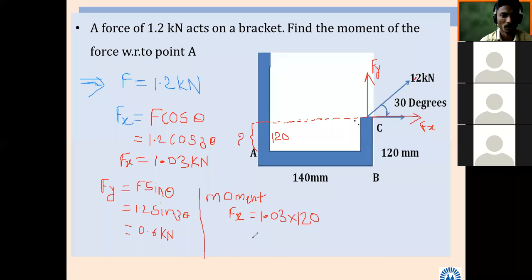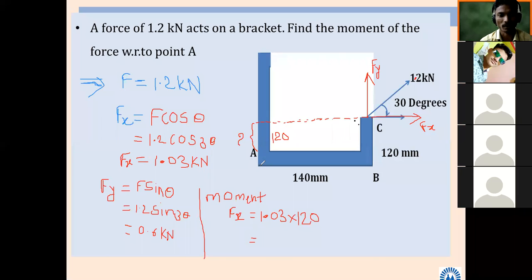Okay. Now a most important part will come here, the sign. Once point A is fixed and force Fx is applied, how will this object rotate, clockwise or anti-clockwise? Apply your mind very carefully.